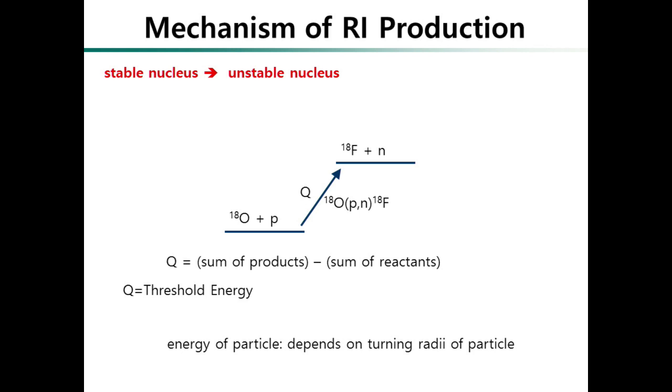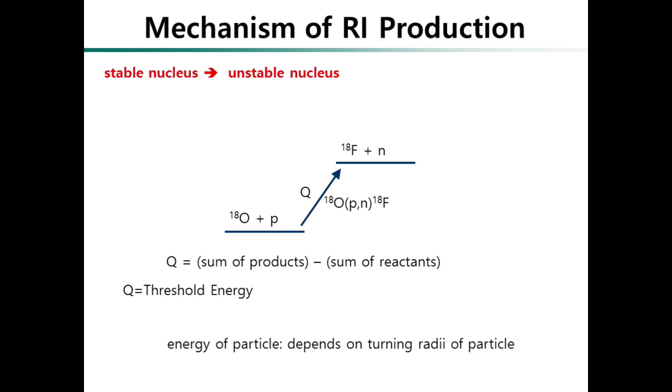In the case of a cyclotron, we have a specific nuclear reaction: a high speed, high energy proton beam collides with the O18 water, and then it turns into F18, and they also produce a neutron.